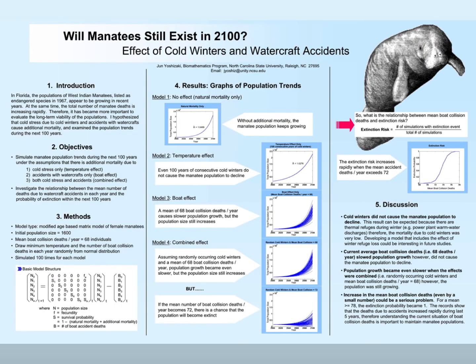This next poster was created and presented for a graduate biostatistics class, and then it was presented at other venues focusing on biological conservation. Some good points are that the title asks a provocative question, and the subtitle defines the focus of that question. It's succinct, introducing the issues. The methods are concise.